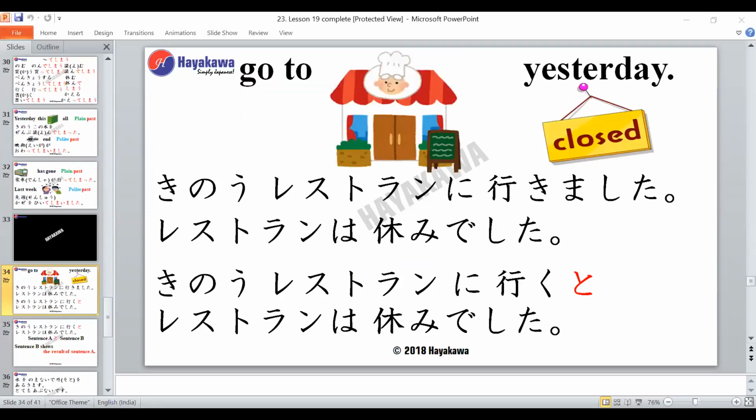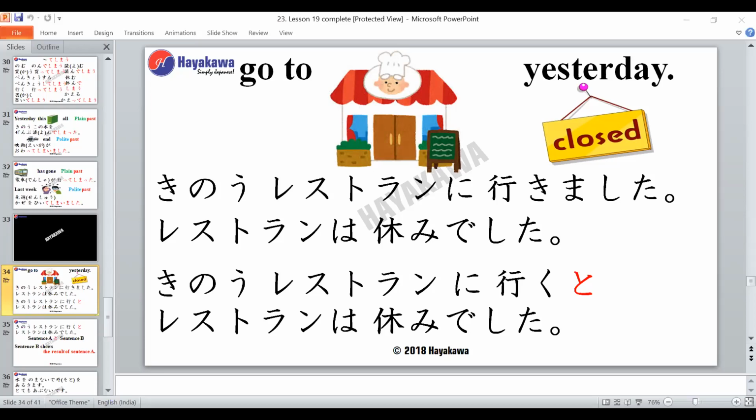So you have a sentence here, right? Kino restaurant ni ikimashita. Yesterday I went to a restaurant. But what happened? It was closed. So restaurant wa yasumi deshita. So if I want to combine these two sentences, how can I make it one?